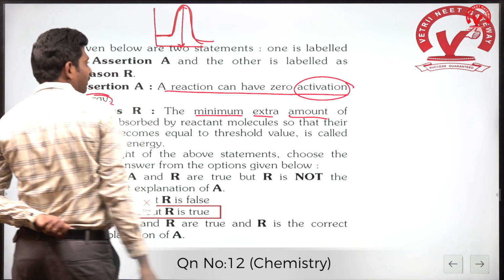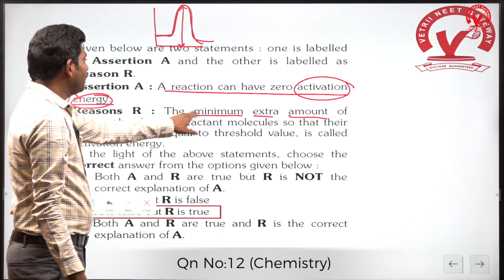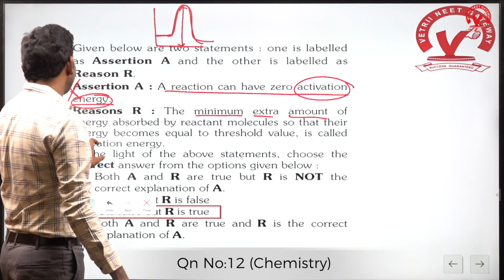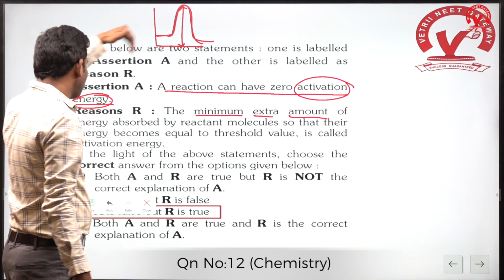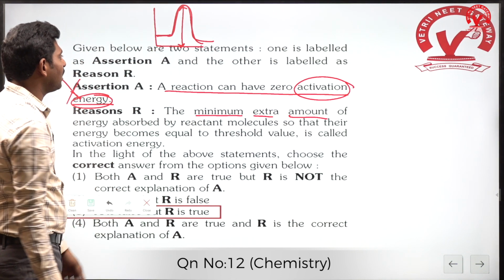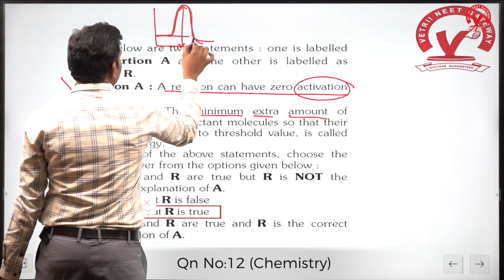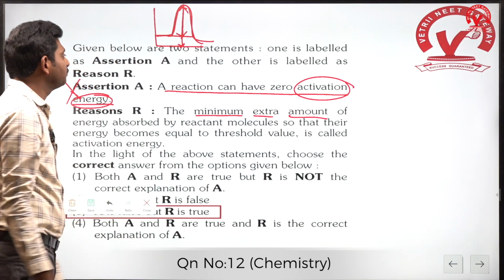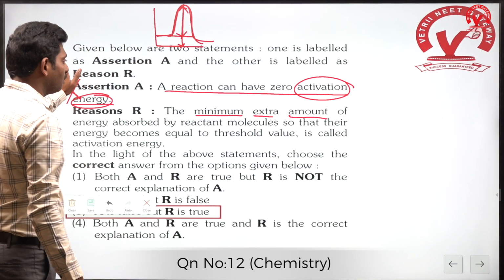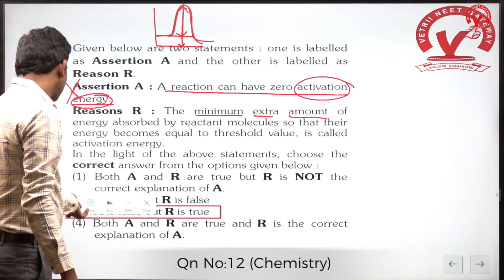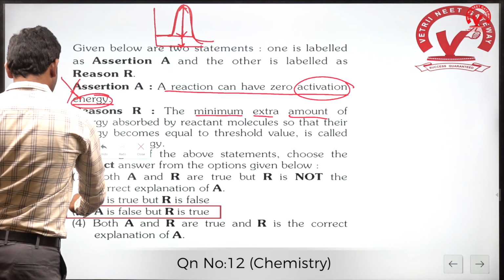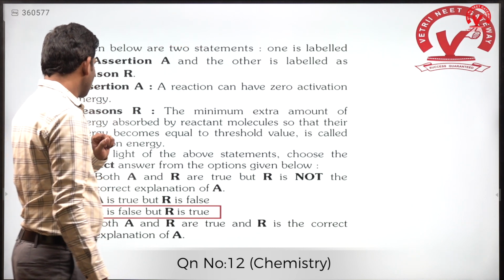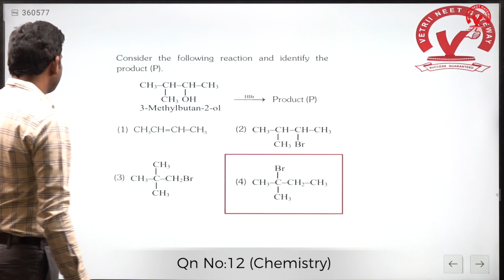So the reason is correct: the minimum energy absorbed by the reactant molecules so that their energy becomes equal to the threshold energy is called activation energy. So the assertion is false, the reason is true. Option 3 is correct. Very good. Next we'll go to the next question.